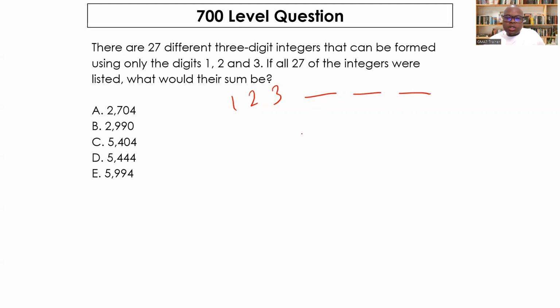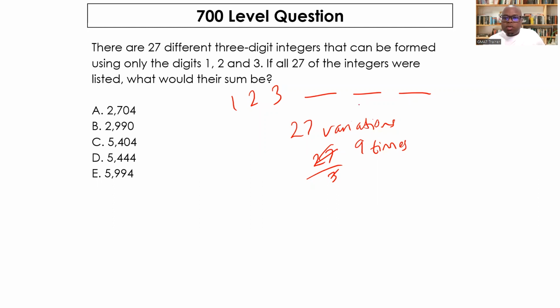We have 27 variations. Out of those variations, we only have 3 digits. That means each digit repeats itself 27 divided by 3 times. That is 9 times. It means each digit repeats itself 9 times in those 27 variations.